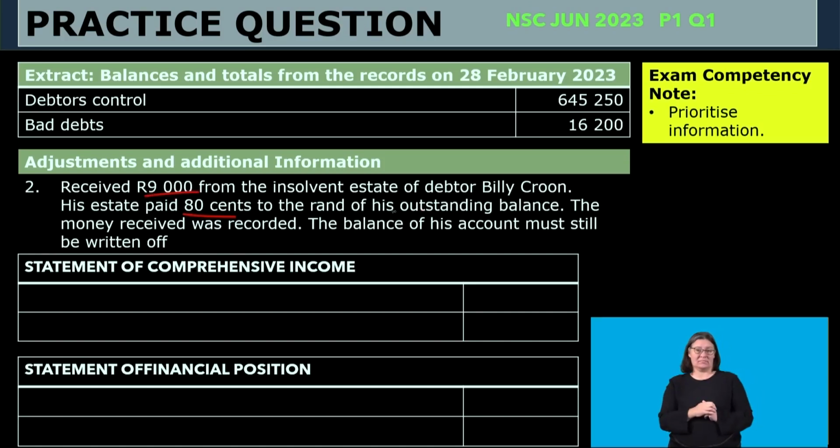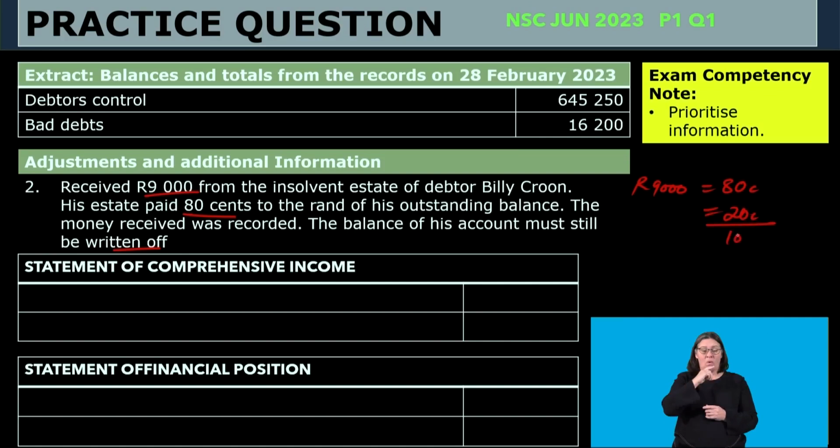And then we have to write off the outstanding amount. So we understand that we received 9,000 here, which is 80 cents in the rand. Okay, so the amount that we are going to write off now is the 20 cents, such that the entire debt becomes 100 cents.